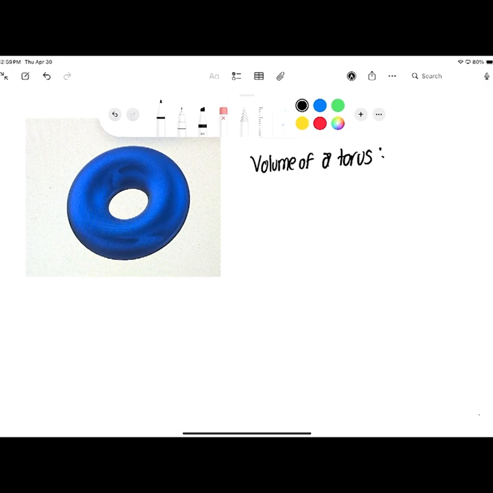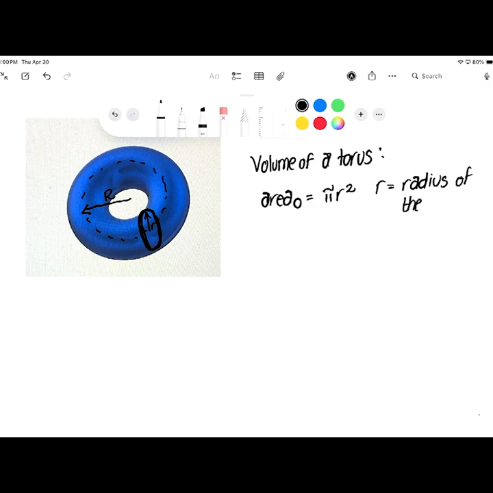We know that this has a radius of capital R. And we know within the torus we have a circle which has a radius r. So we know that the area of a circle is equal to pi r squared, where r is the radius of the circle in the torus.